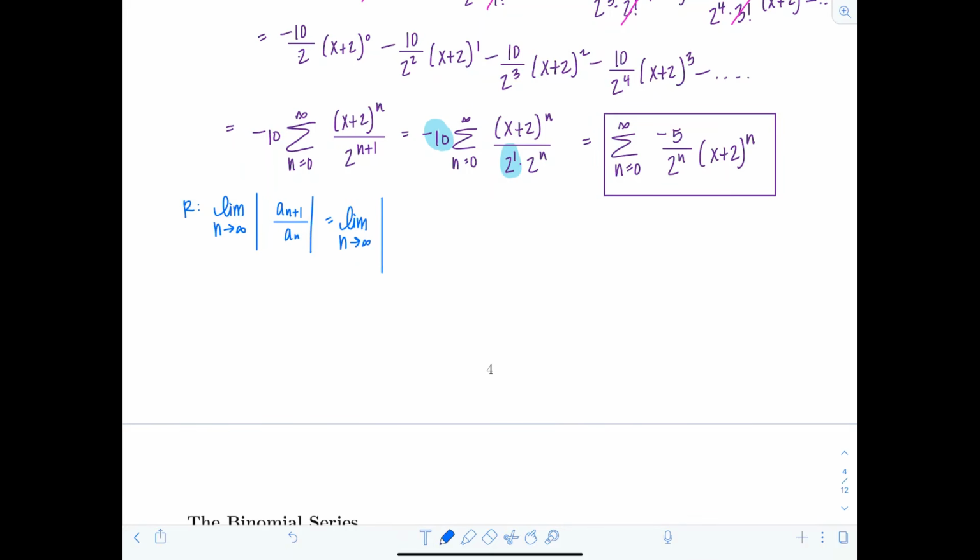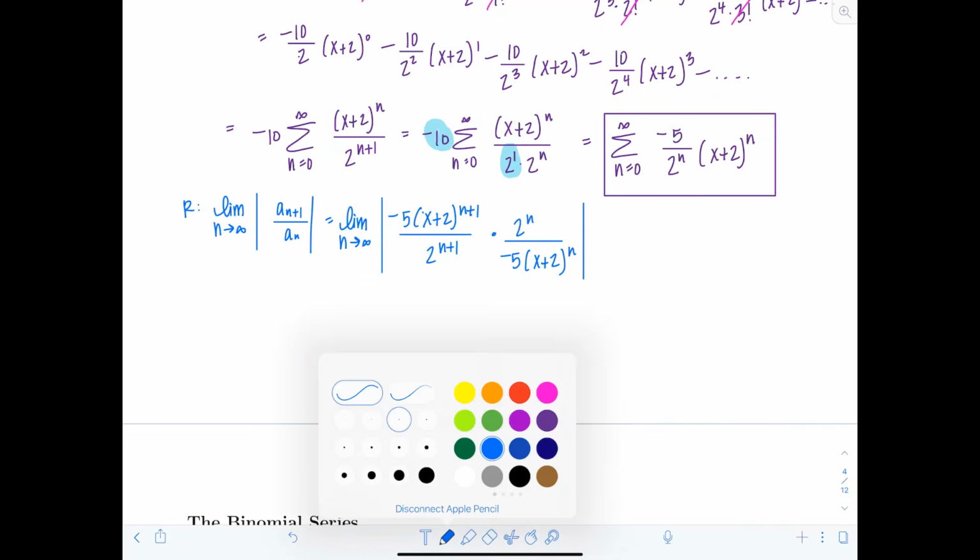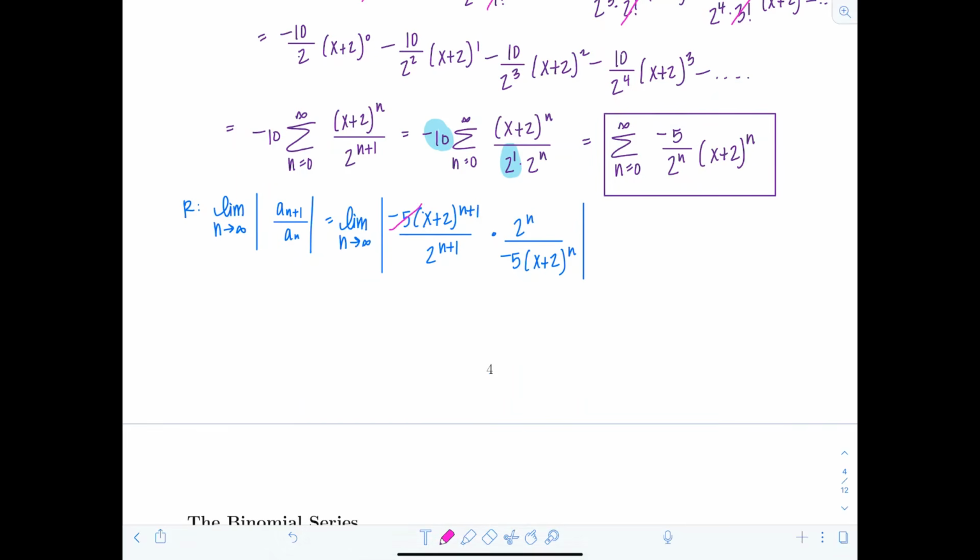I'm going to have absolute value of negative 5 times x plus 2 to the n plus 1 over 2 to the n plus 1 times 2 to the n over negative 5 times x plus 2 to the n. So let's see what cancels out. A lot of stuff. Negative 5 cancels. 2 to the n is going to cancel. And then x plus 2 to the n is going to cancel.